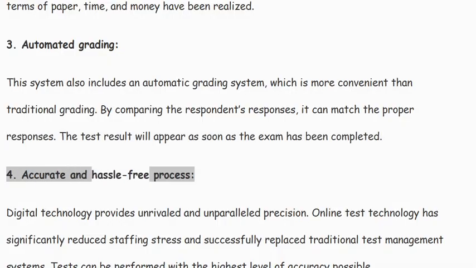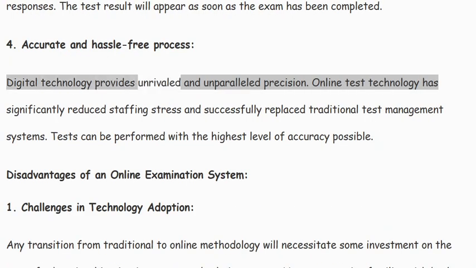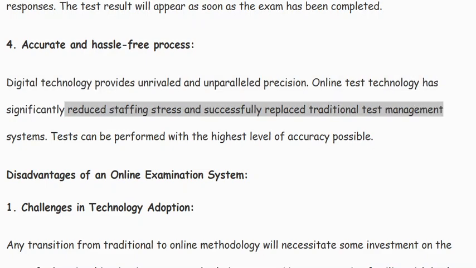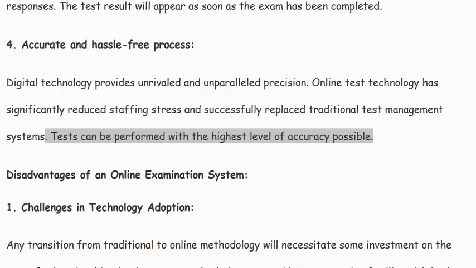Accurate and hassle-free process. Digital technology provides unrivaled and unparalleled precision. Online test technology has significantly reduced staffing stress and successfully replaced traditional test management systems. Tests can be performed with the highest level of accuracy possible.